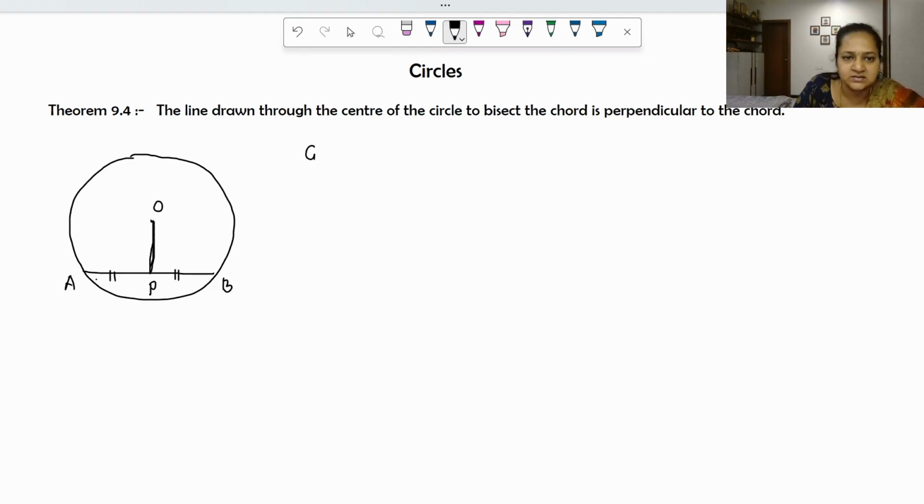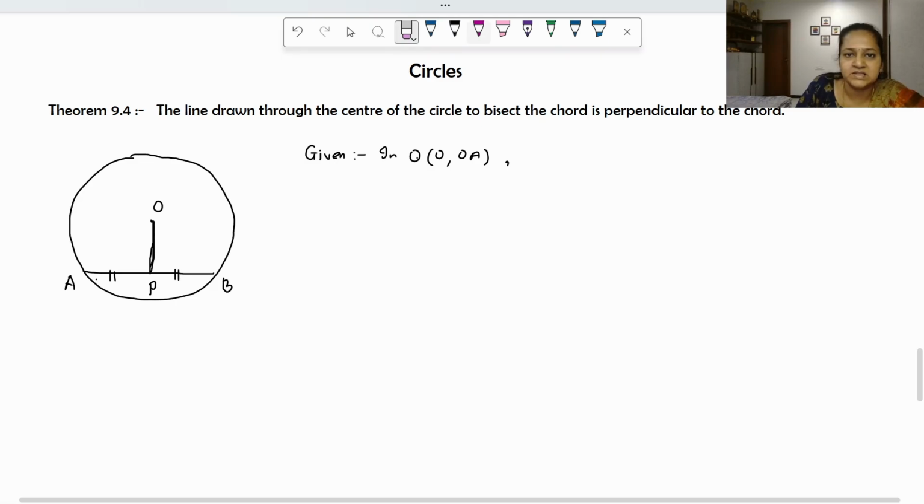So what is given to us? Which is the circle that we are talking about? In circle with center O and radius OA, what is told? AP is equal to PB. In brackets, what we can write? OP bisects AB.